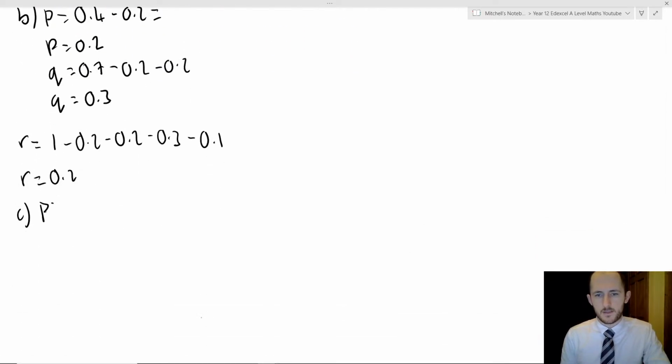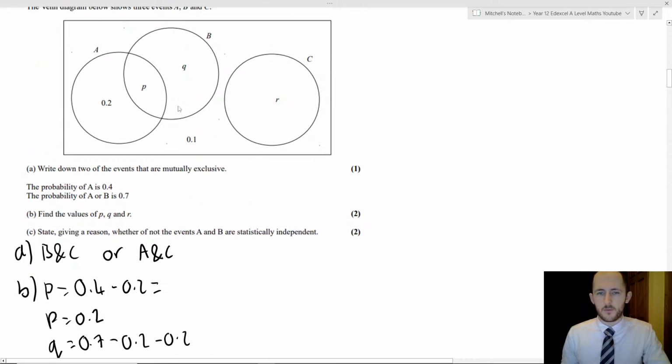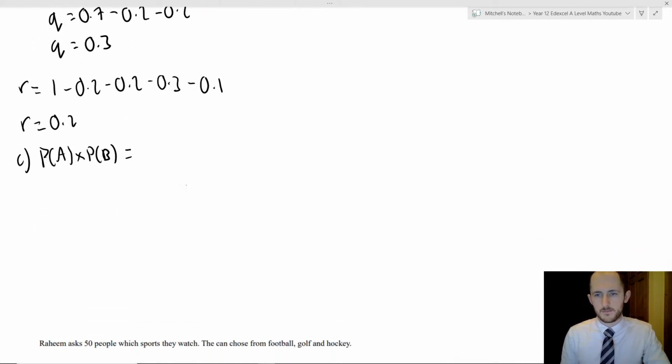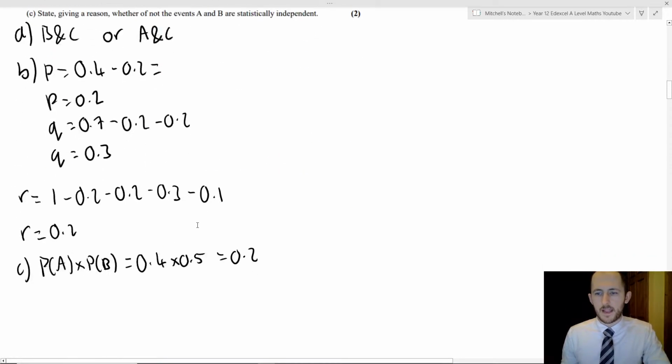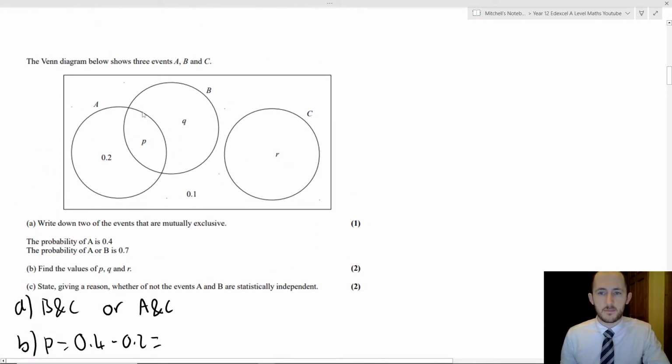So what we're going to do is work out the probability of A multiplied by the probability of B, which is 0.4 times 0.5, which equals 0.2. If they are independent, that should equal the probability of A and B, which is the overlap between them.